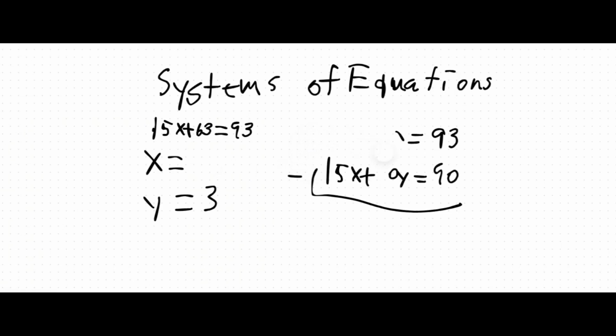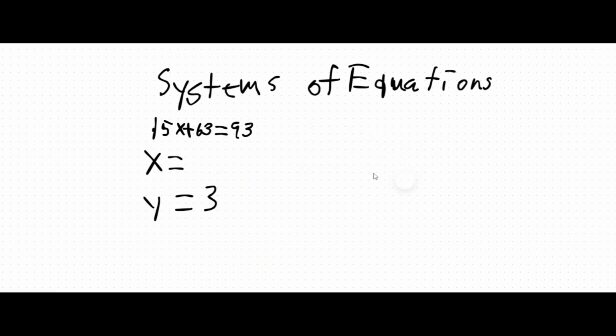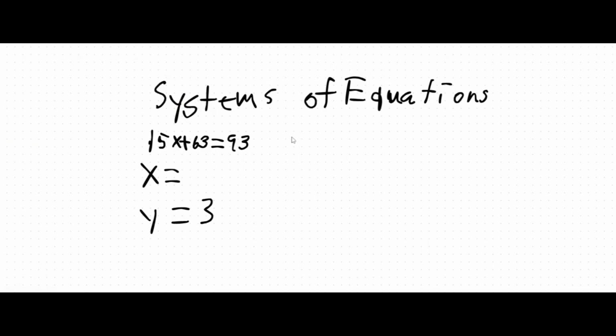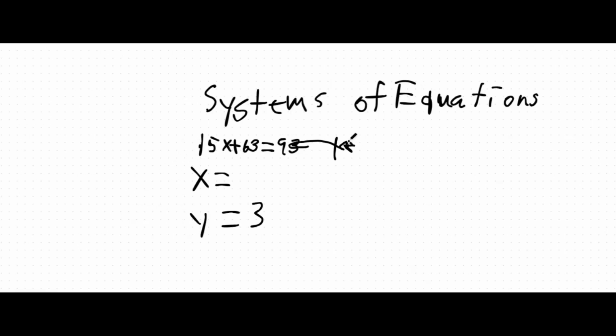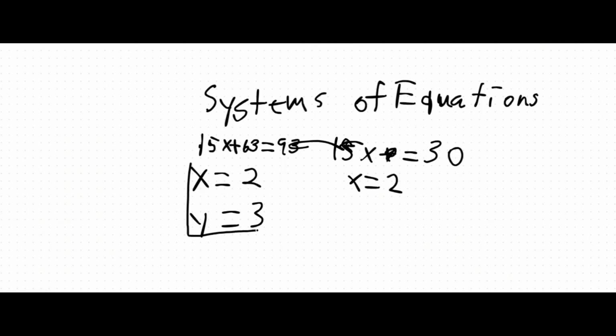Now, if we subtract both sides by 63, we get 15x equals 30. Alright, solving for this, we get x equals 2, and our final answer is x equals 2 and y equals 3. And since I accidentally erased the equations, we unfortunately can't check it.